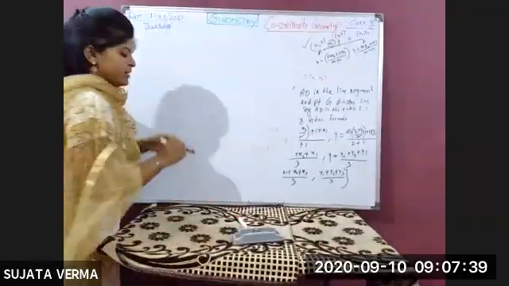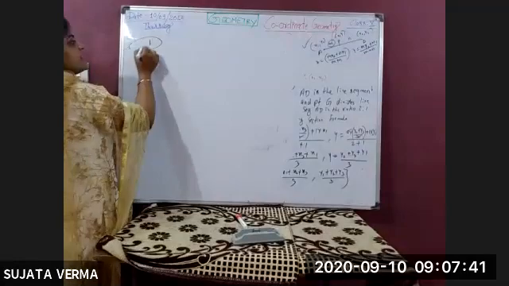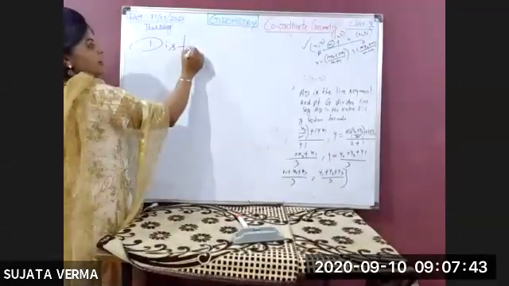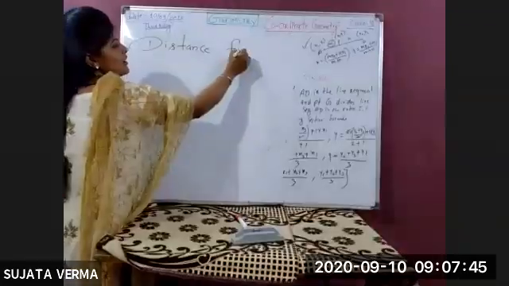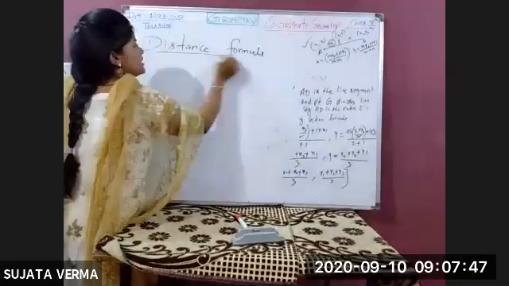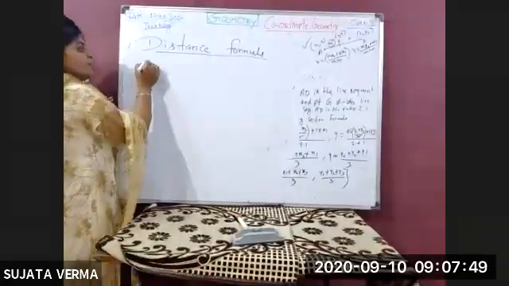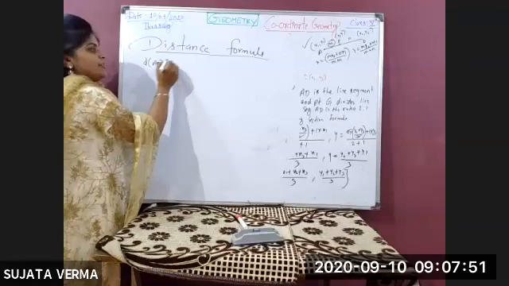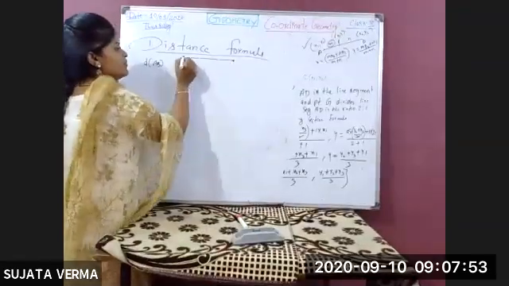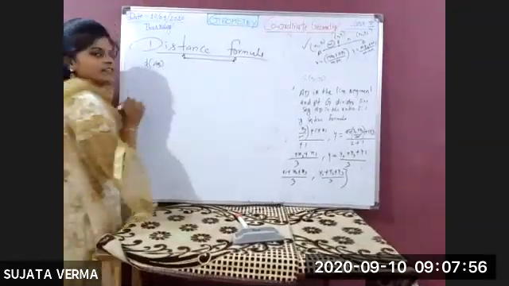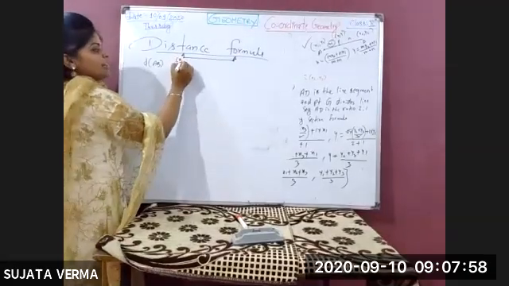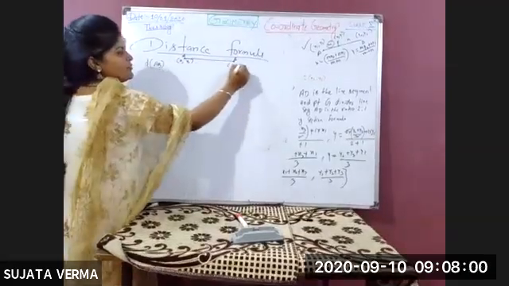First topic is the distance formula. We find the distance between any 2 points. Suppose here is a point A and here is a point B having coordinates x1, y1 and x2, y2.